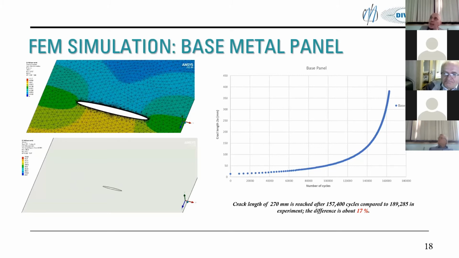While in extended finite element method in ABAQUS, we have a mesh which is constant, so it's not changing during the simulation. So we wanted to compare these two methods and see if there is a significant difference. And definitely, using the same boundary conditions, we got a bigger difference. It's about 17%, compared to experimental.